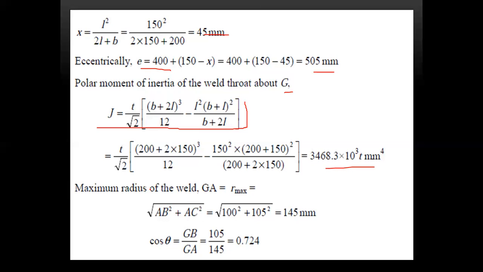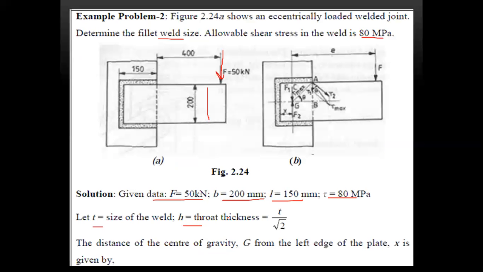The maximum radius of the weld, GA, that is R max, is equal to root of AB square plus AC square, that is 1000 square plus 1 square. So that is equal to 145 mm.